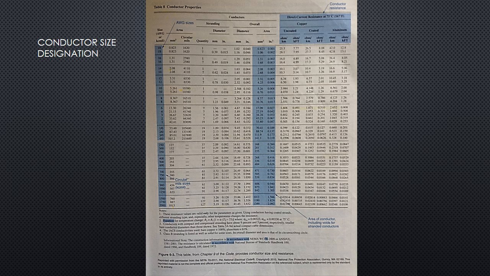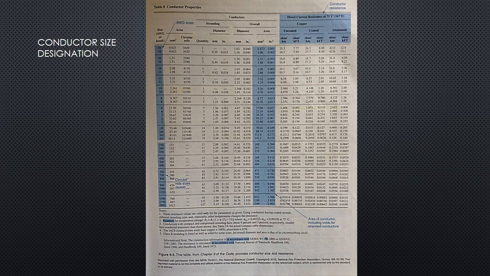The circular mil, or 1 cmil, is equivalent to an area of a circle 1 mil in diameter. This is a very small area. As you can see on the screen, Table 8 of Chapter 9 of the code is shown, figure 6-3. The first column of the table contains wire size from 18 AWG through 4/0 AWG.